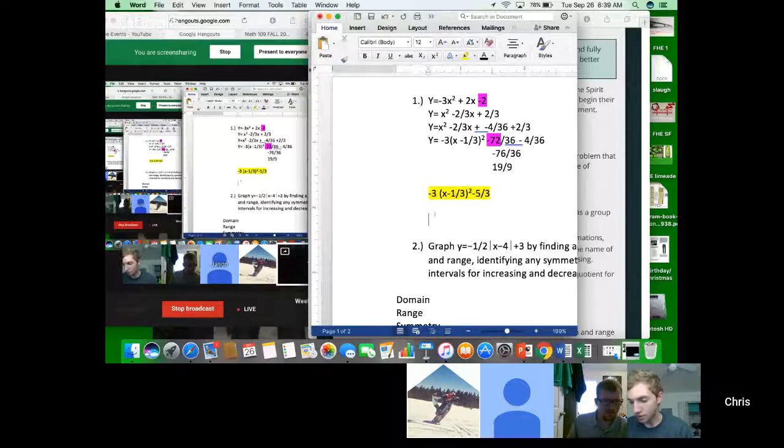And then it's negative 1/3. Okay, so you have negative 3x squared plus 2x minus 1/3.